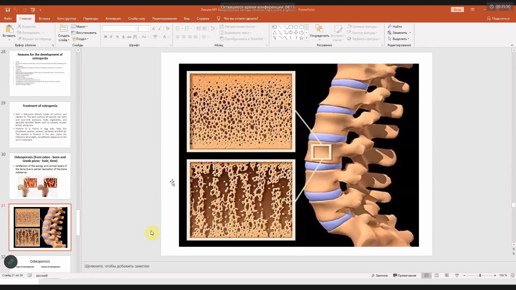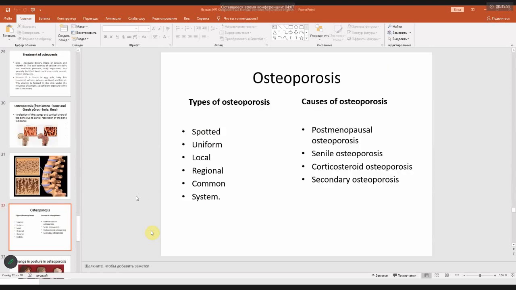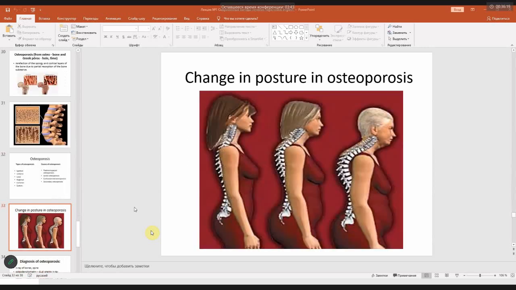For example, normal and osteoporotic bone. Types of osteoporosis: spotted, uniform, local, regional, common systemic. Causes of osteoporosis: postmenopausal osteoporosis, senile osteoporosis, corticosteroid osteoporosis and secondary osteoporosis. Change in the posture in osteoporosis.